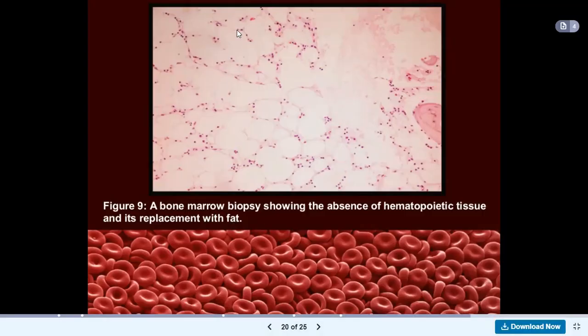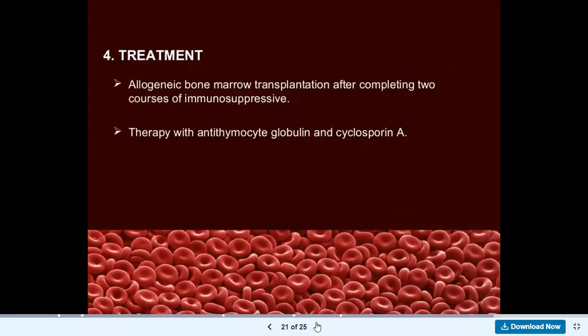So this is the picture of a bone marrow with aplastic anemia. So when you have such a question in an exam, or you have a patient with all of these symptoms that we just mentioned, you already know that this patient has aplastic anemia. So how do we treat this patient?